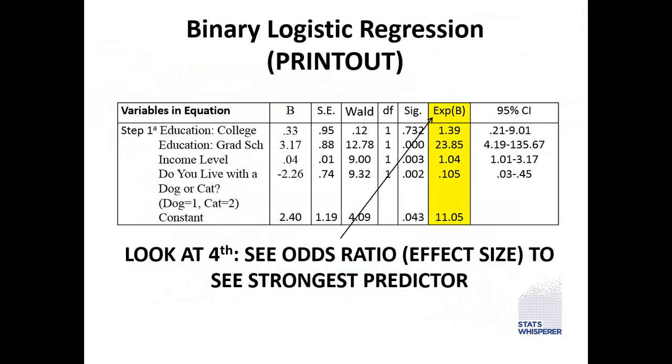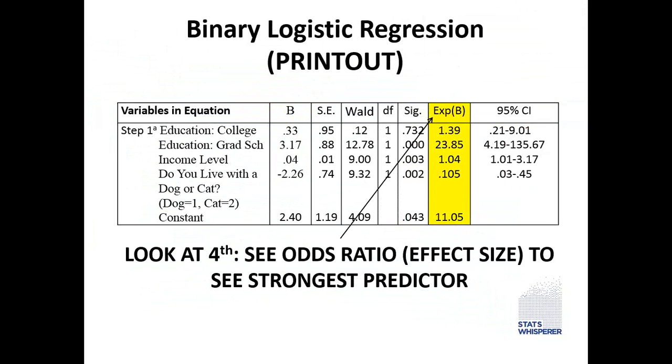You can see the interval here goes from 4.19 to way over 130. That's a huge interval. So the actual odds ratio could be like 4 times more likely to be happy, or it could be over 130 times more likely to be happy. Basically it's not really sure what to think. And like I said, it's a small sample, so we have to regard that finding with a grain of salt.